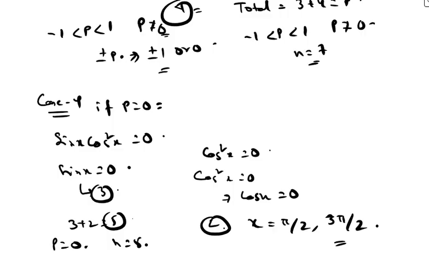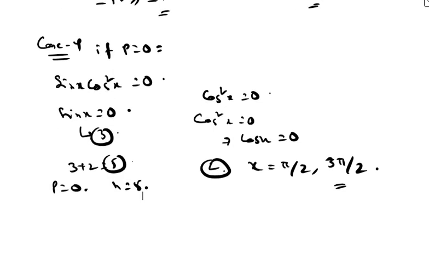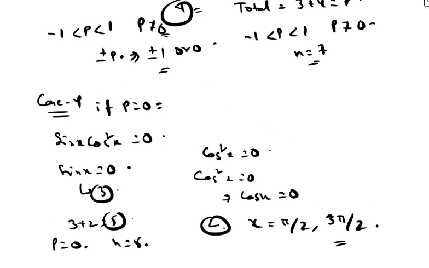Okay, now evaluate statement 2. Statement 2 says n is equal to 7 only if minus 1 is less than p less than 1. And we found n is equal to 7 happens exactly when minus 1 is less than p less than 1 and p is not equal to 0. Since 0 is inside the interval and n is not equal to 7 at p equal to 0, we need to check the wording very carefully.